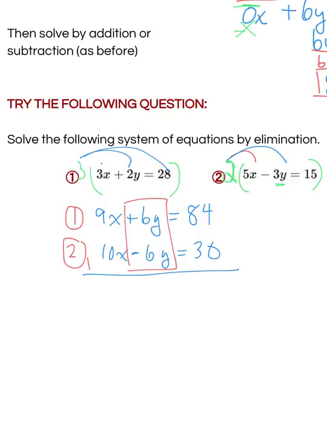Let's work out the rest. So 9x plus 10x will give me 20x. And then 84 plus 30: 84, 94, 104, 114.